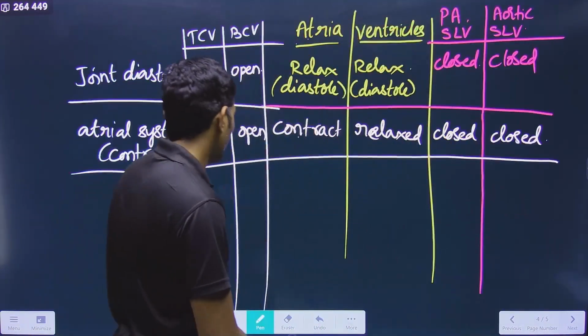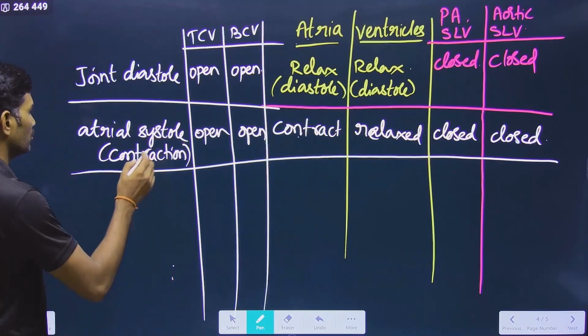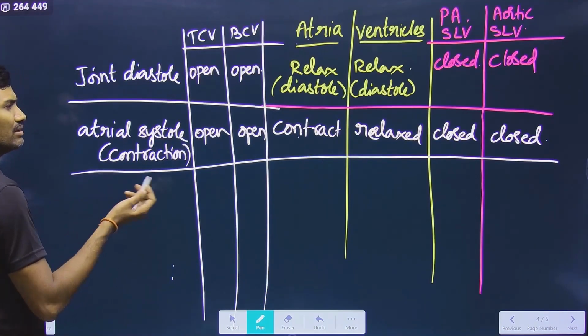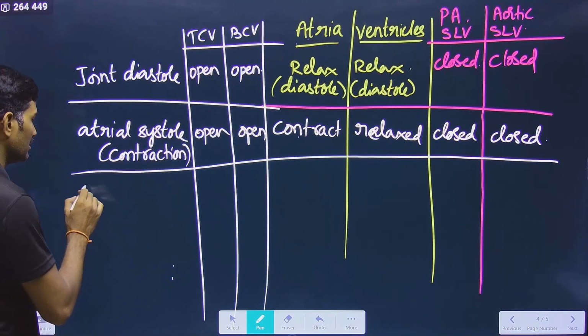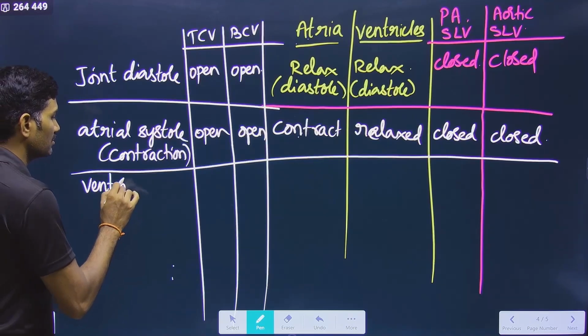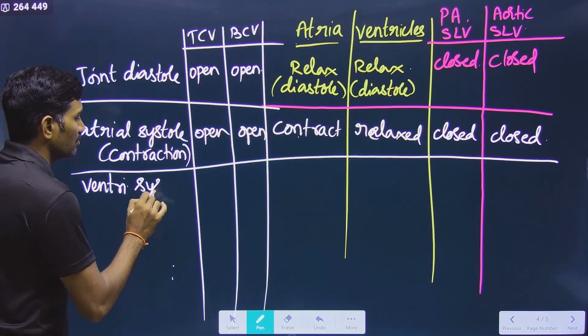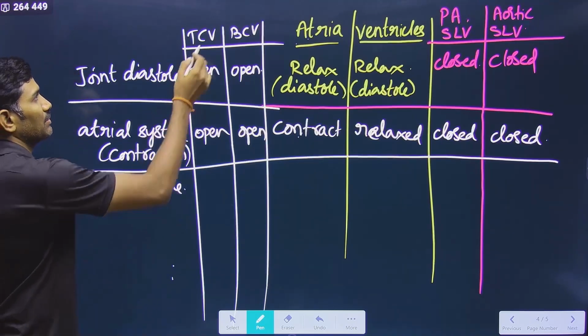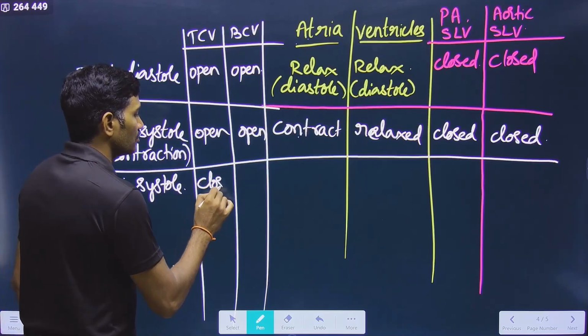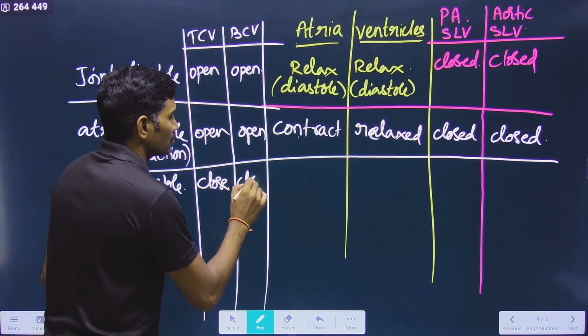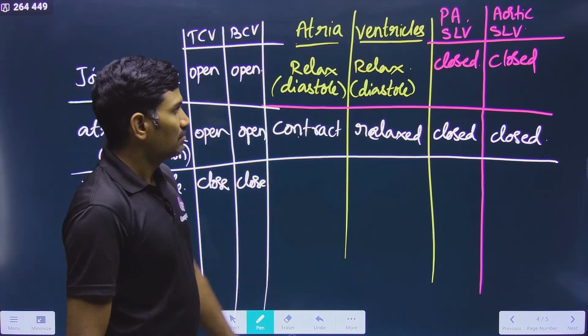This is the next important point we need to observe carefully. Anyhow, atrial relaxation will be there, which is overlapped with ventricular contraction, ventricular systole. During ventricular systole, what happens? Tricuspid valve closes and then bicuspid valve closes. Yes, sir. But what happens to these two?